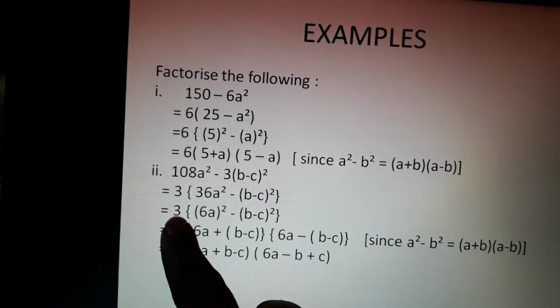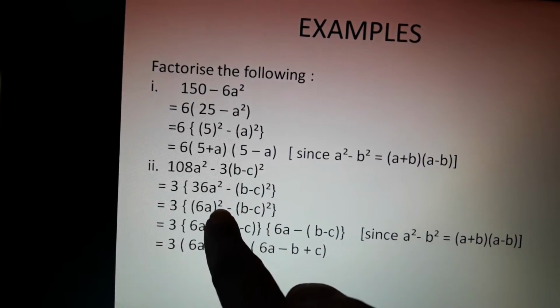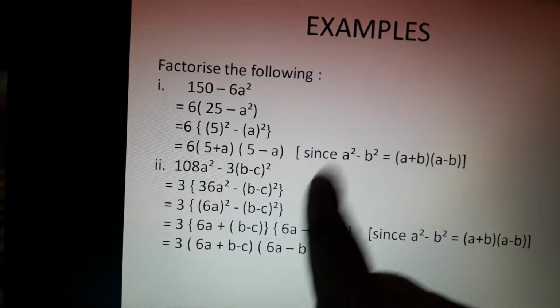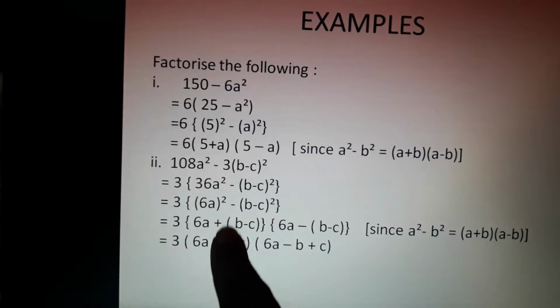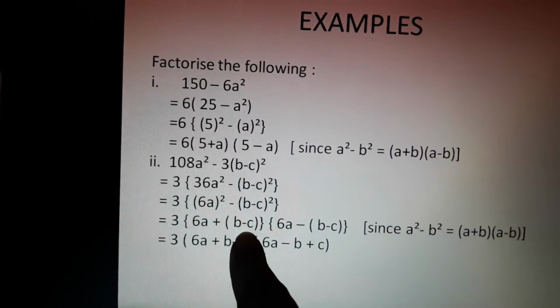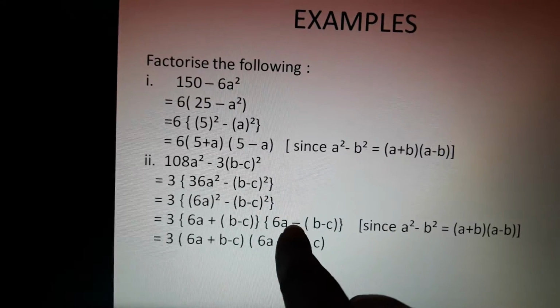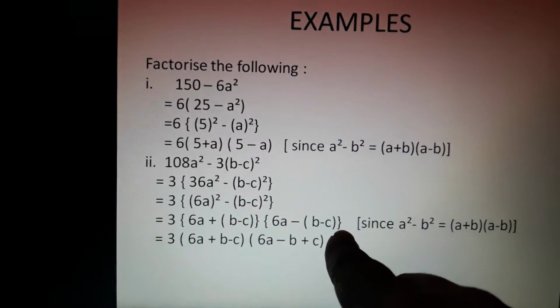Come to the next step, 3 into, now 36a square we can write as 6a whole square, then minus sign, and then b minus c whole square, close this curly bracket. Now see 3 into 6a plus, in circular bracket, b minus c, close this curly bracket, then open the curly bracket, 6a minus, again in circular bracket we have b minus c, close this curly bracket.